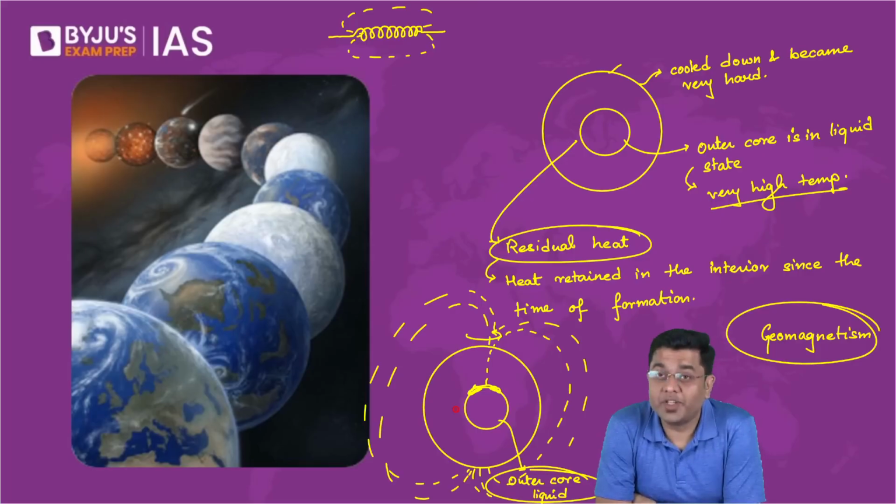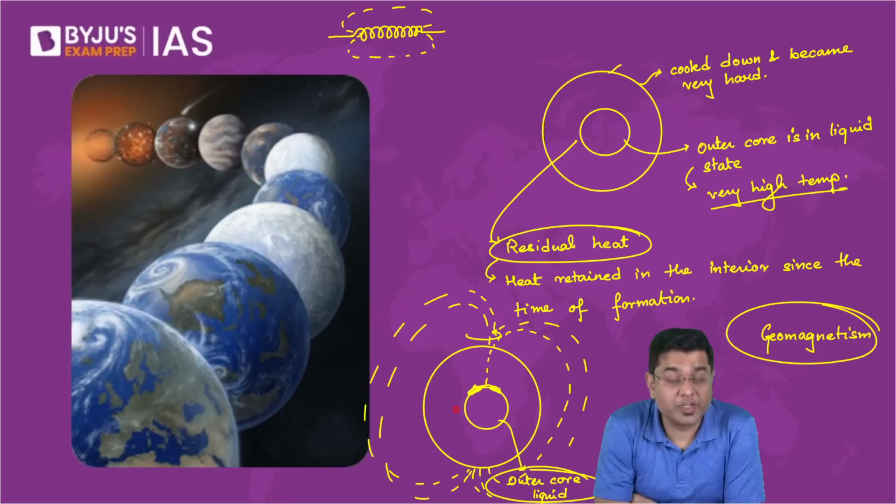UPSC has asked a question in the prelims examination that the magnetic poles of the planet have remained consistent since the time of its formation, true or false. If you know about the formation of the planet, you will understand that everything continues to change. It keeps on evolving.